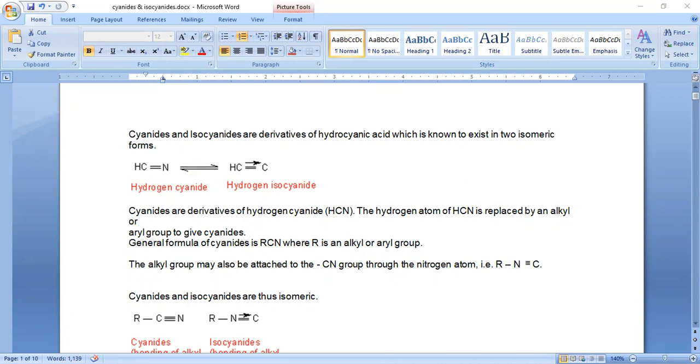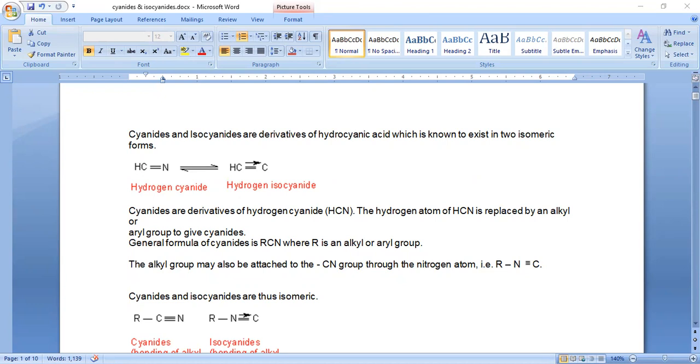Cyanides are generally represented as C triple bond N, whereas isocyanides are represented as N triple bond C, but one bond is a coordinate covalent bond. In this bond, the electrons are the non-bonding electrons of nitrogen.